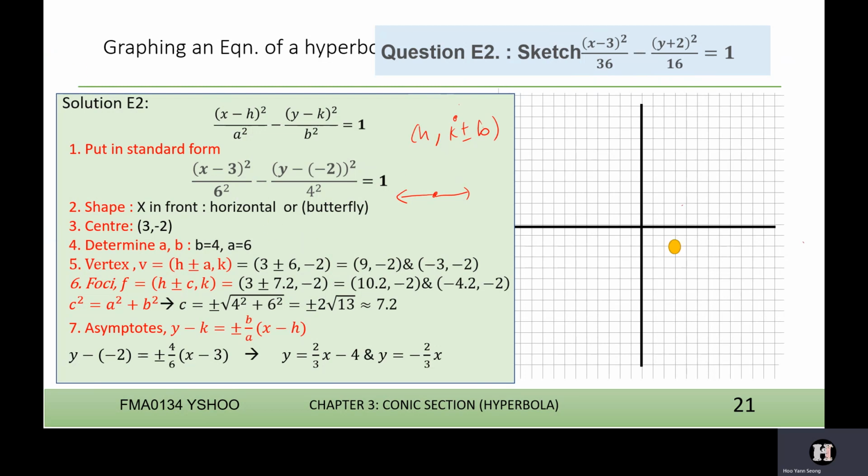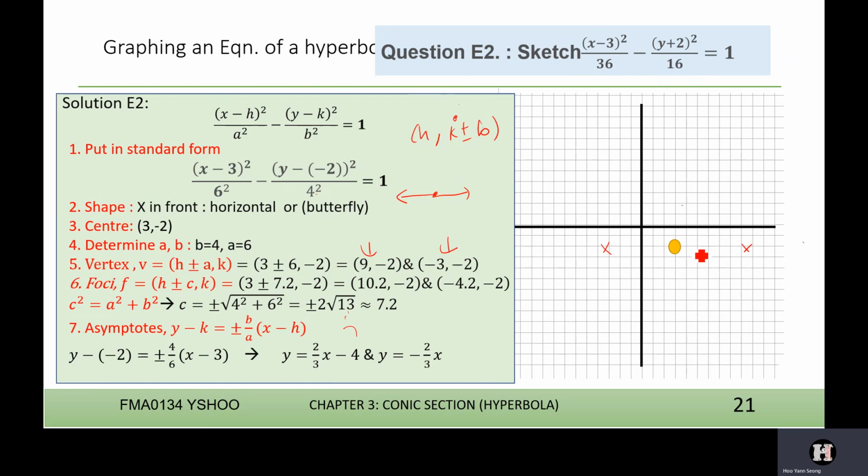Then if you want to plot your vertex, you can base on these two things. So you find where is the 9, 2, let's say it is around here, and -3, -2 is here, so you already know this is your vertex.